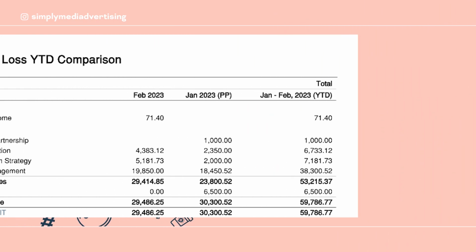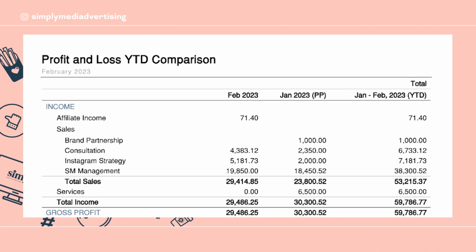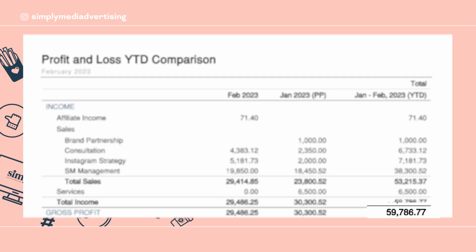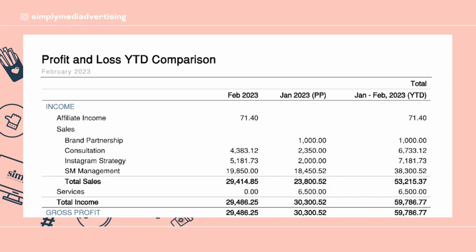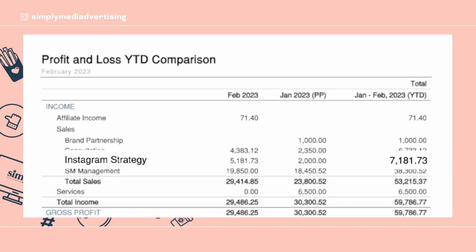Now, if you stayed all the way till the end of this video, then it must be because you want to see the receipts that this is actually true and a thing that you can implement in your business. So as you can see here, in January and February this year, my business, my social media agency, made about $60,000. And what you can see is that a little bit over $7,000 came from my Instagram strategy offer. And again, that includes social media auditing within the in-depth strategy that we offer, right?